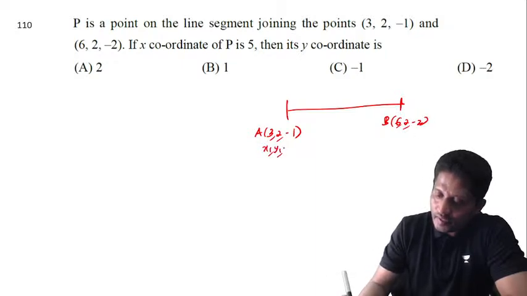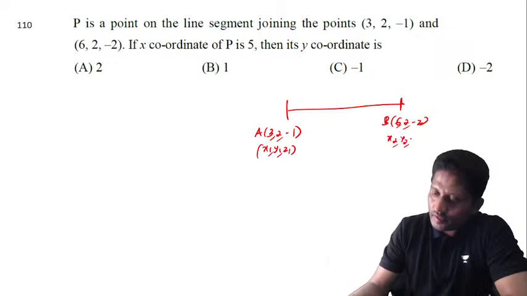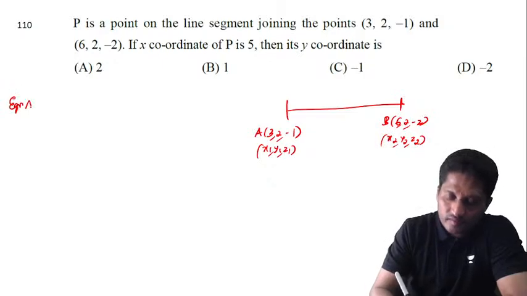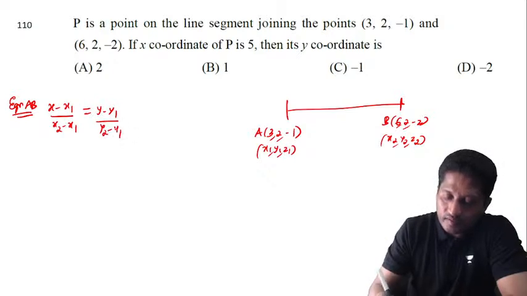This is x1, y1, z1 and this is x2, y2, z2. Equation of AB will be x minus x1 by x2 minus x1 is equal to y minus y1 by y2 minus y1 is equal to z minus z1 by z2 minus z1.